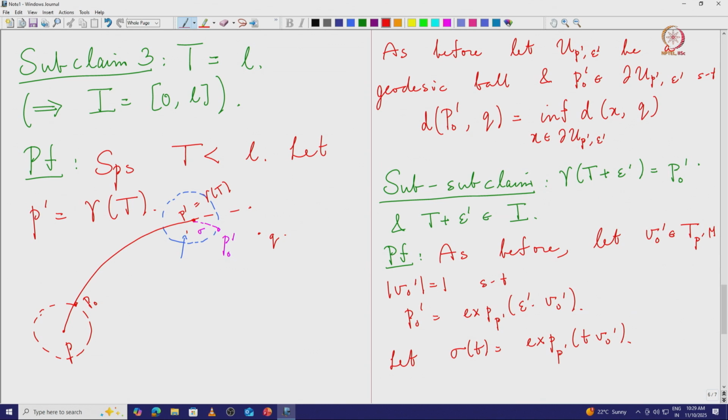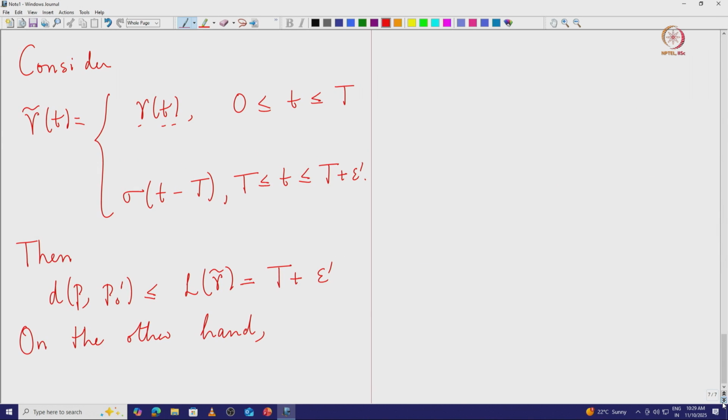Similarly, the distance from this p naught prime to q is going to be the distance from p prime to q minus epsilon prime.